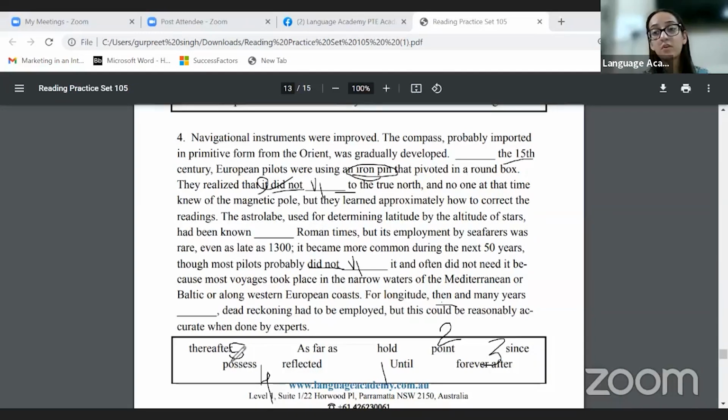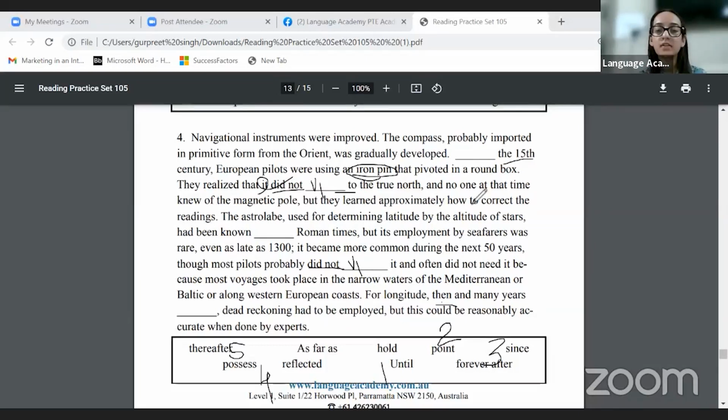And most of you have written hold. So will you say that the sea pilots don't hold the compass? No problem. They can keep it. They don't have it with them is the topic. Any other confusions, anyone, in this question?